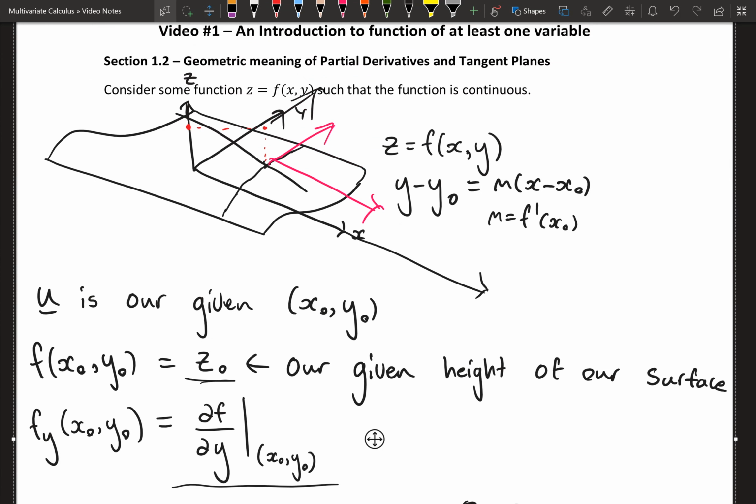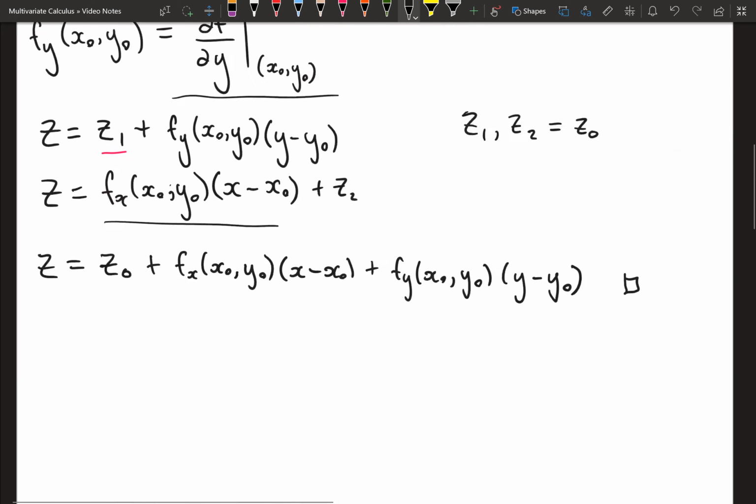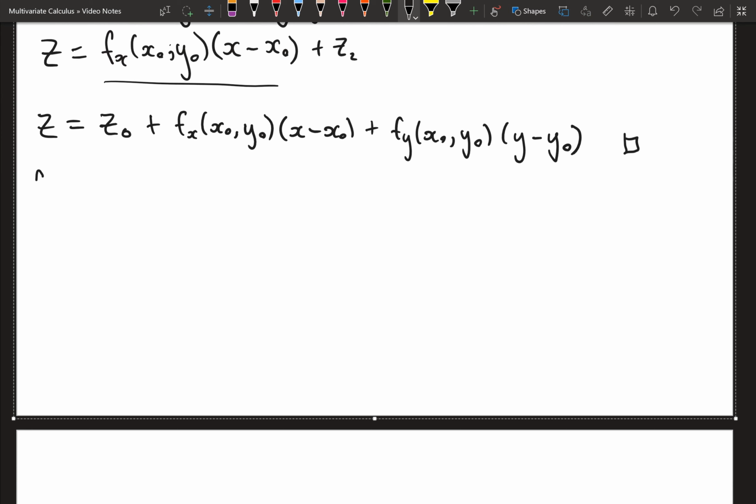And the idea is we have a point on our function. We have a point on our function f of x naught, which we looked at before as well, and we called that z naught. So we start at this point, and then we have two directional vectors. Two vectors going in two different directions perpendicular to one another.